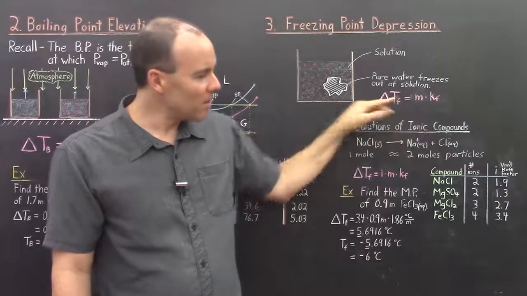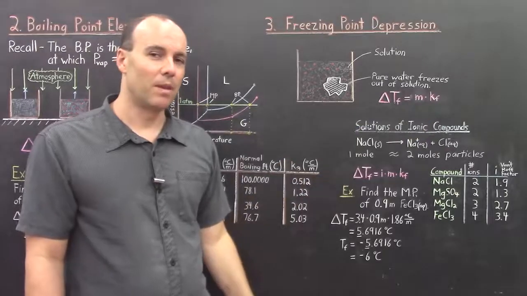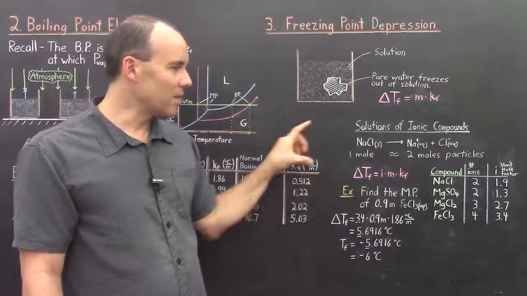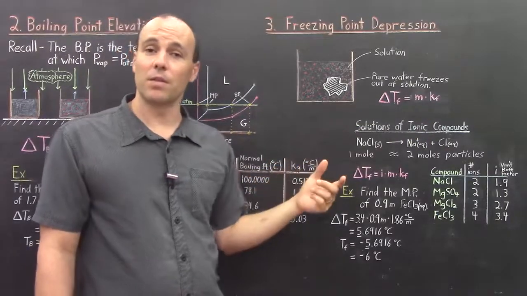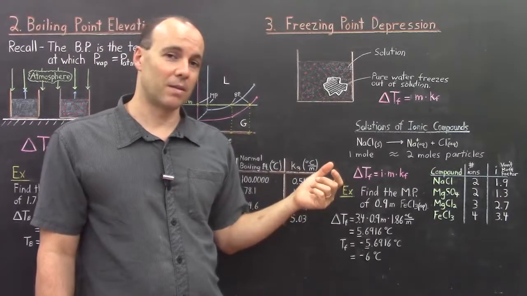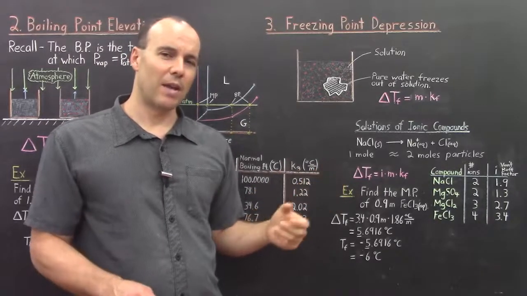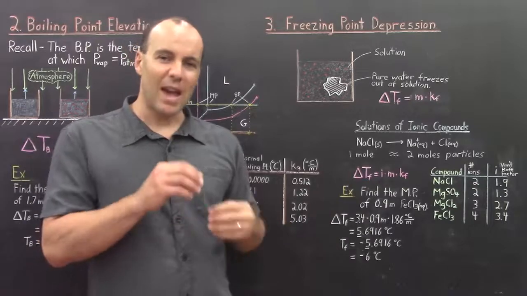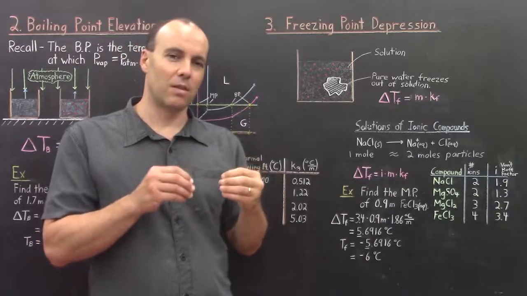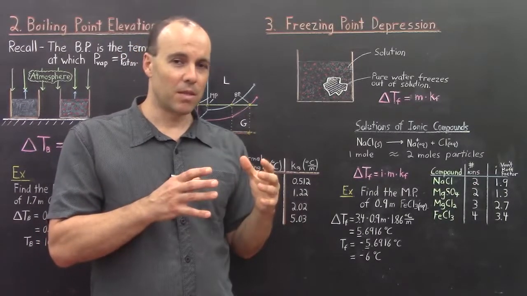Now, rather than jump right into an example, I wanted to first quickly discuss the case for solutions of ionic compounds. Because when you have an ionic compound, that adds a little bit of complication to the mix.